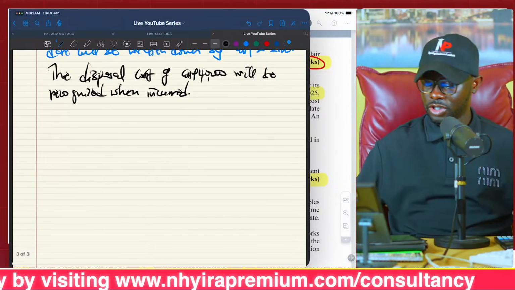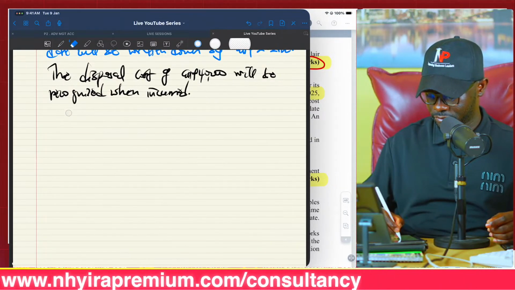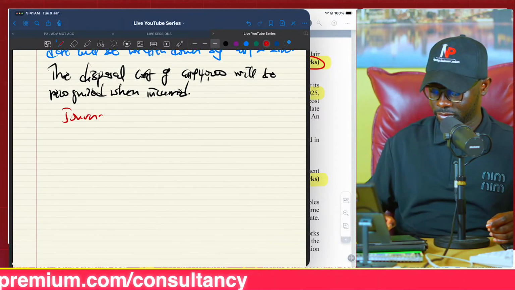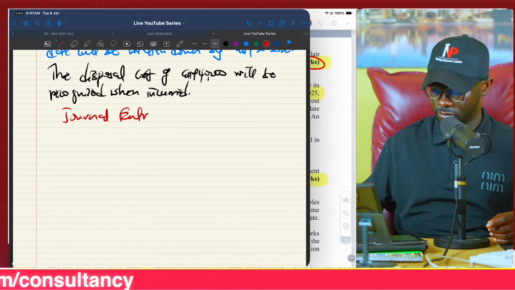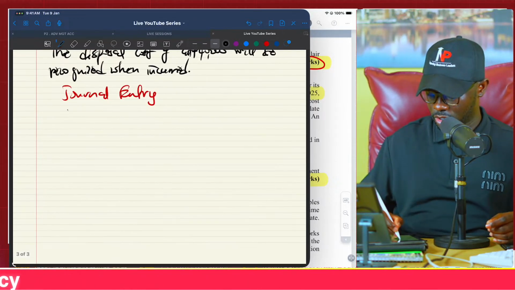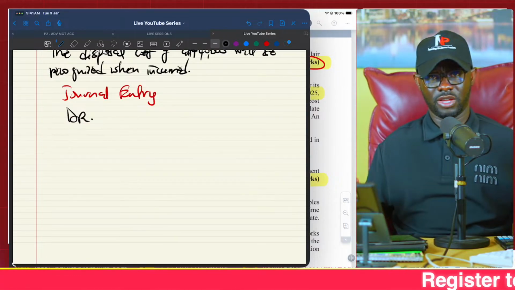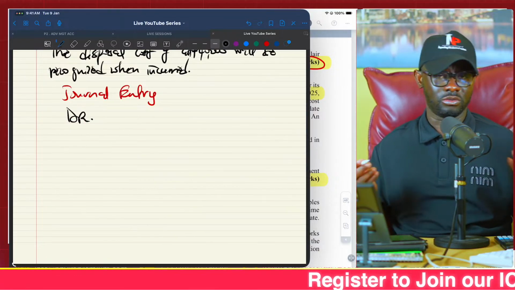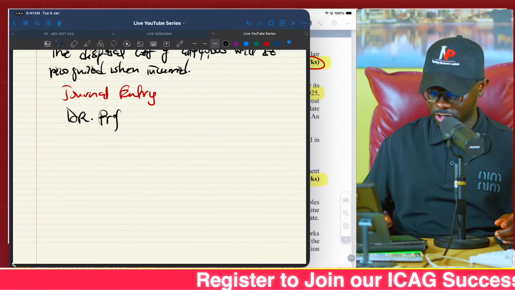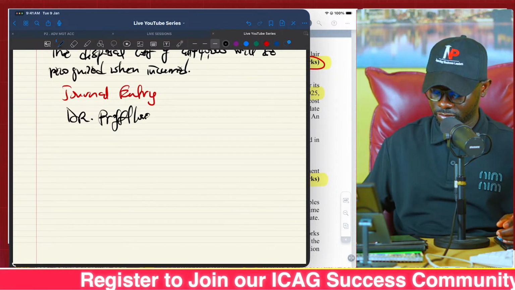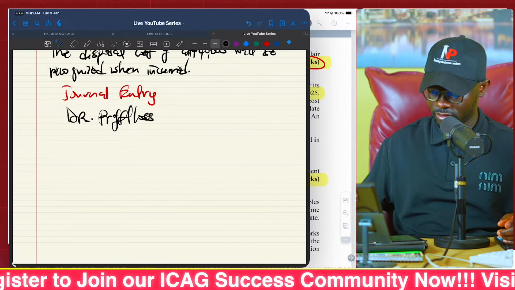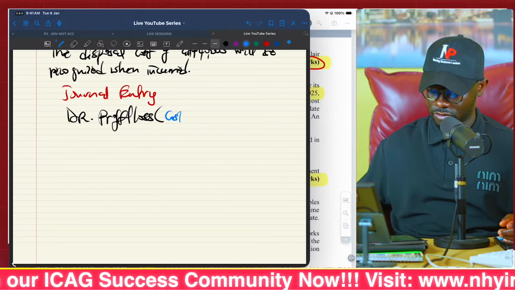All right. So, journal entry, if we want to, we will debit. We are writing off inventories. Usually, inventories will be written off in profit or loss, in cost of sales. Okay. So that could be in cost of sales.